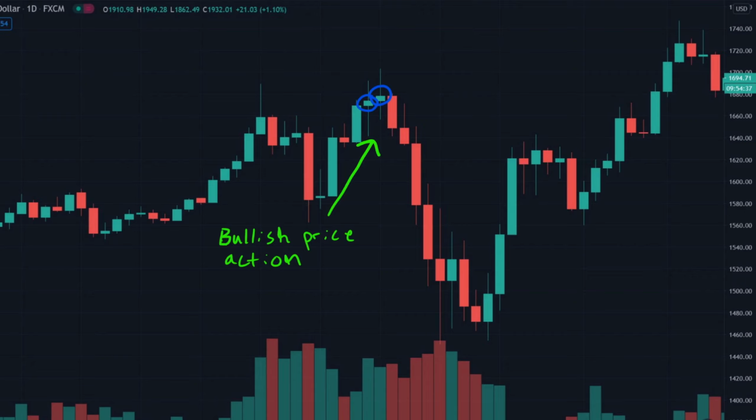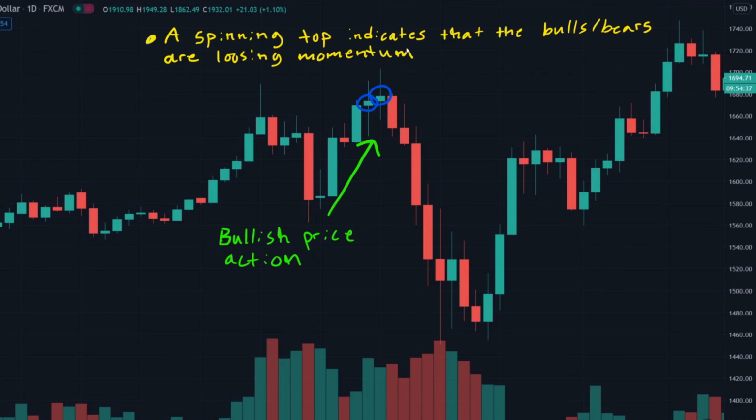And what does it mean that after a rally you see some spinning tops? Well, a spinning top indicates that the bulls or bears, in this case we are talking about the bulls, are losing momentum. So they are losing control over the price action to the upside. And in this case, this was actually confirmed two times here.